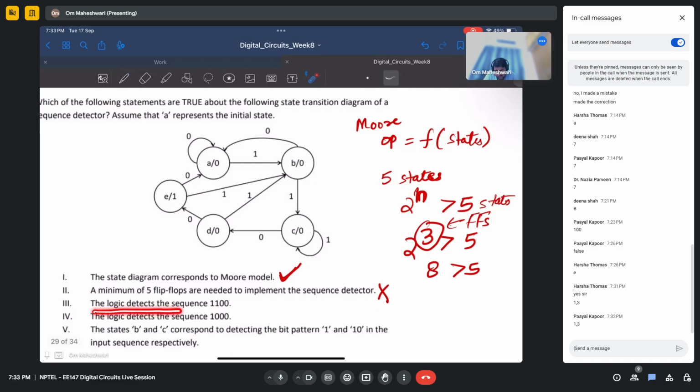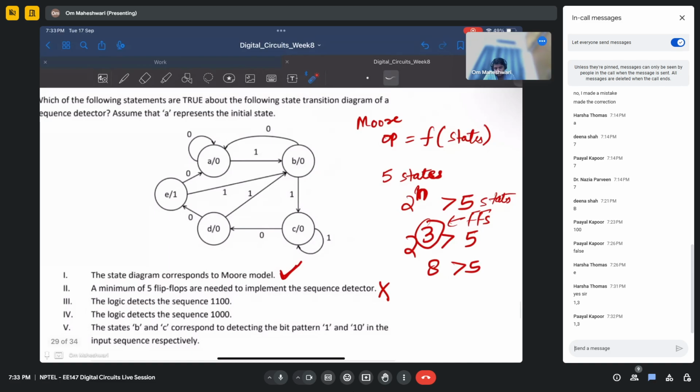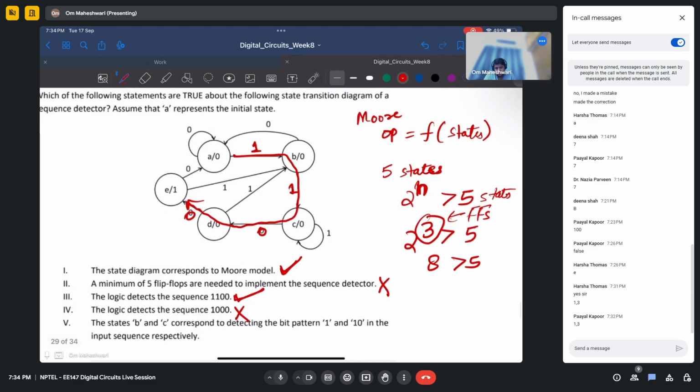The logic detects the sequence 1 1 0 0. So your 1 is at E. If you start with 1 1 0 0, yes, so this is correct. Detect 1 1 0 0. 1 0 0 is incorrect. B and C correspond to detecting pattern 1 and 1 0.